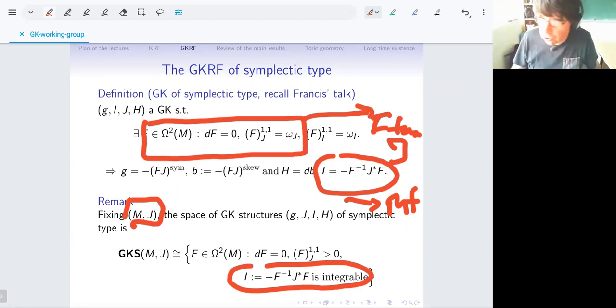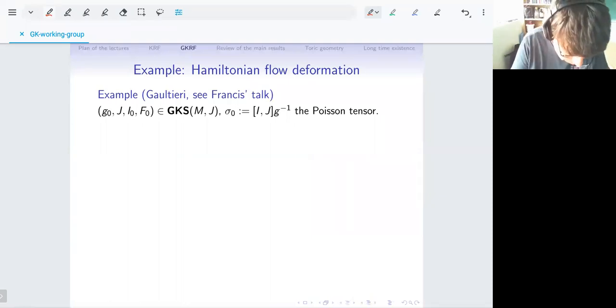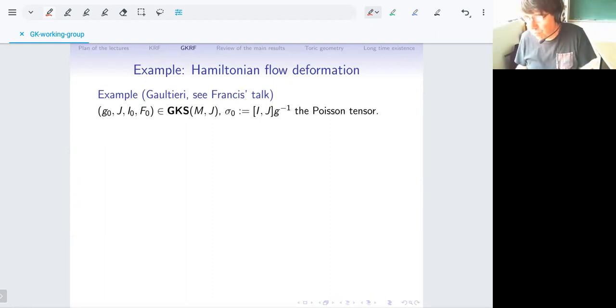So from this definition, it's not clear even if you have continuous families of solutions. Happily, we reviewed in this seminar this Hamiltonian flow construction, which provides nice continuous families, and I will just recall what it is.